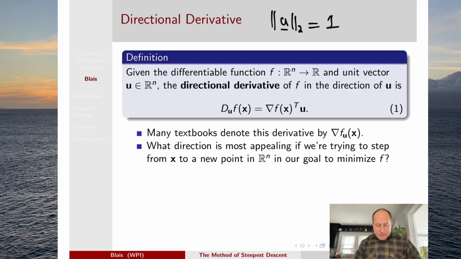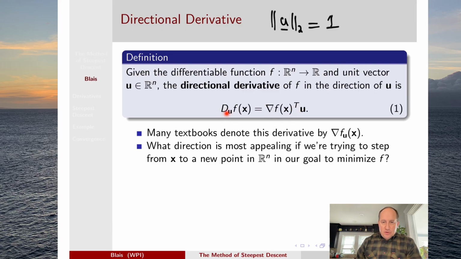So given a unit vector u, we want to think about looking in the direction of that unit vector u, slicing through the function and saying, what's the derivative of the function in that direction? This is our formula for that derivative.